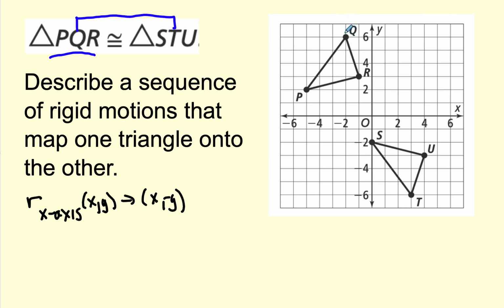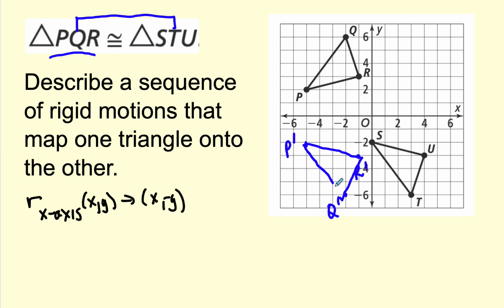So in order to make Q go to the bottom, it might not be a bad idea to do a reflection over the x-axis. To do a reflection, remember this is the rule. I'll be going down to, this will be now P prime, and then Q prime will be right here, and then R prime will be right here, and it's going to look something like this.